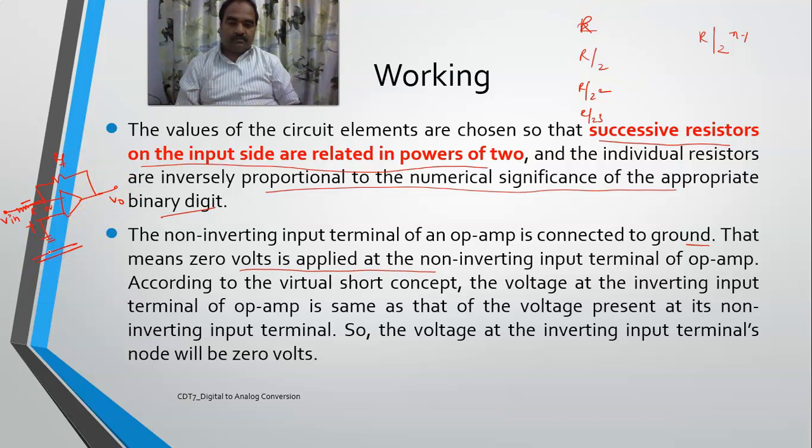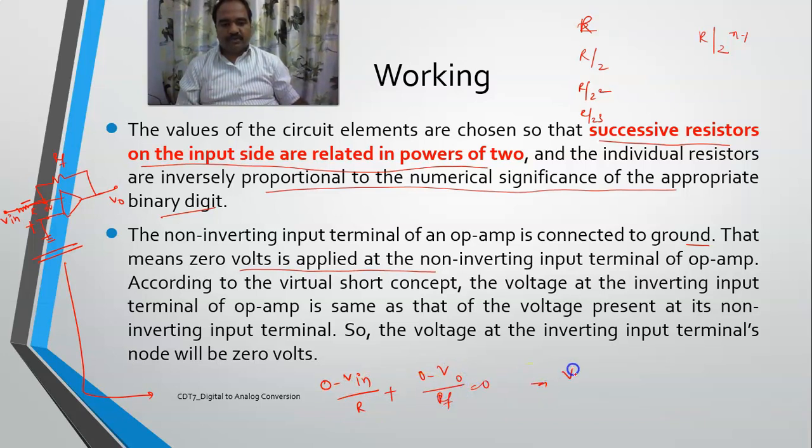So this is the working. Since this is 0 volts, you apply KCL here. So what you will get? 0 minus V input by R plus 0 minus V output by Rf is equal to 0.